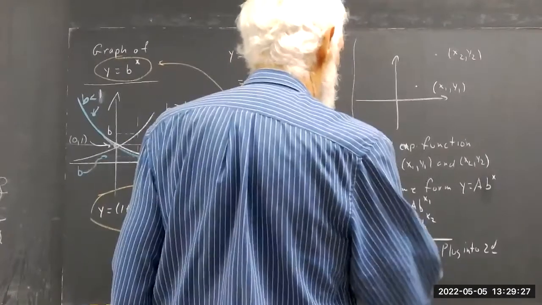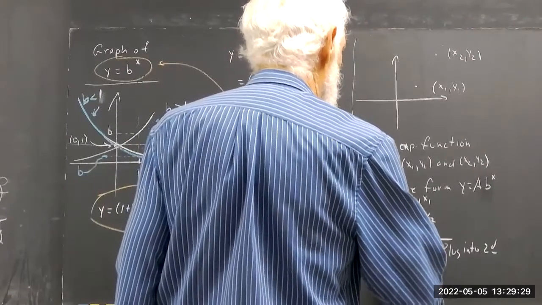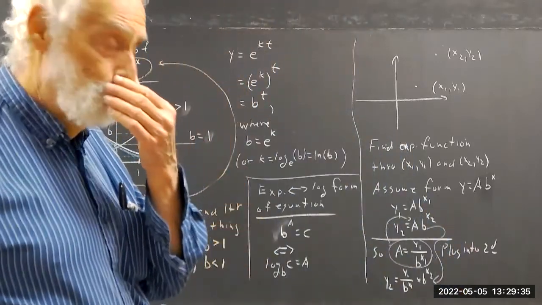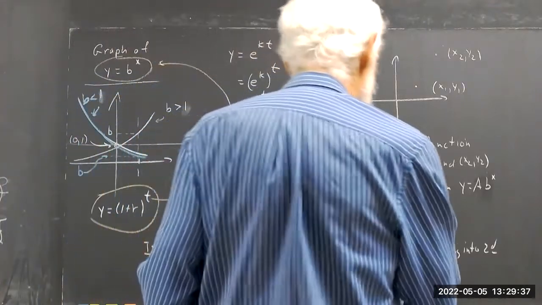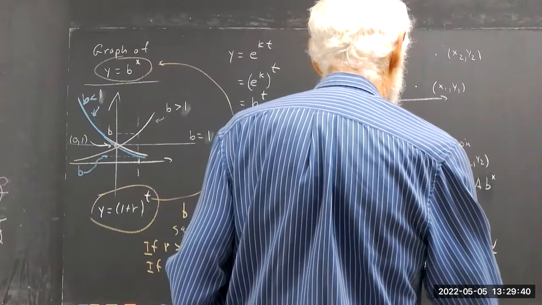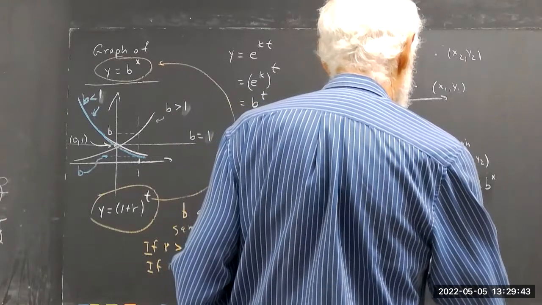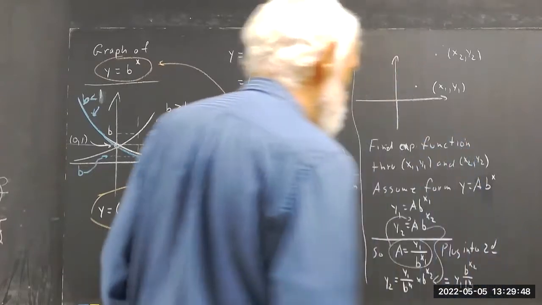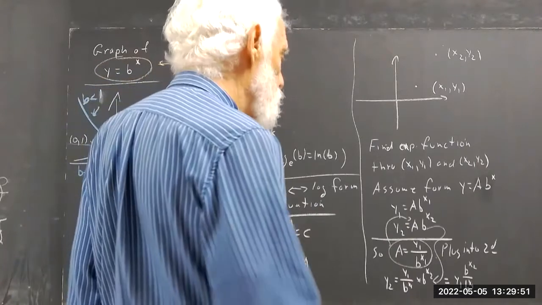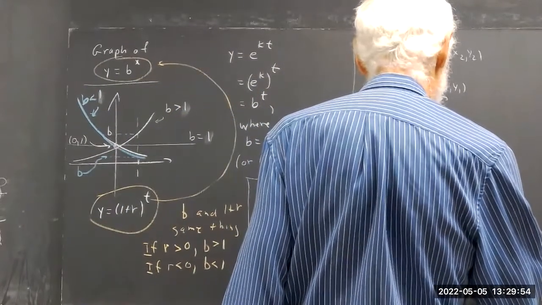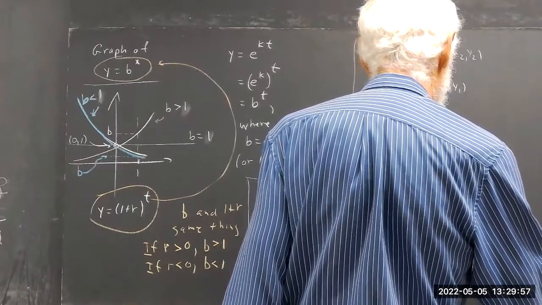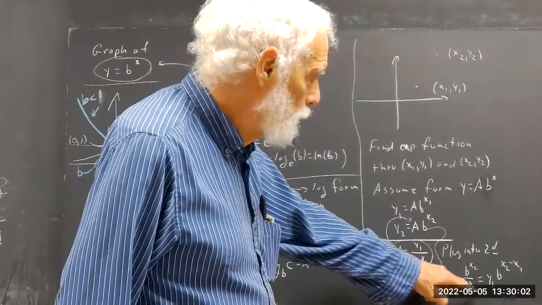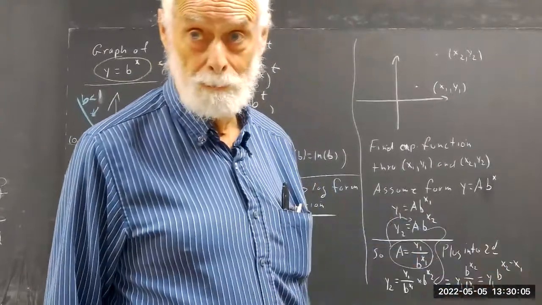Plugging this into the equation, this equals y1 times b to the x2 over b to the x1, and b to the x2 over b to the x1 is b to the x2 minus x1.